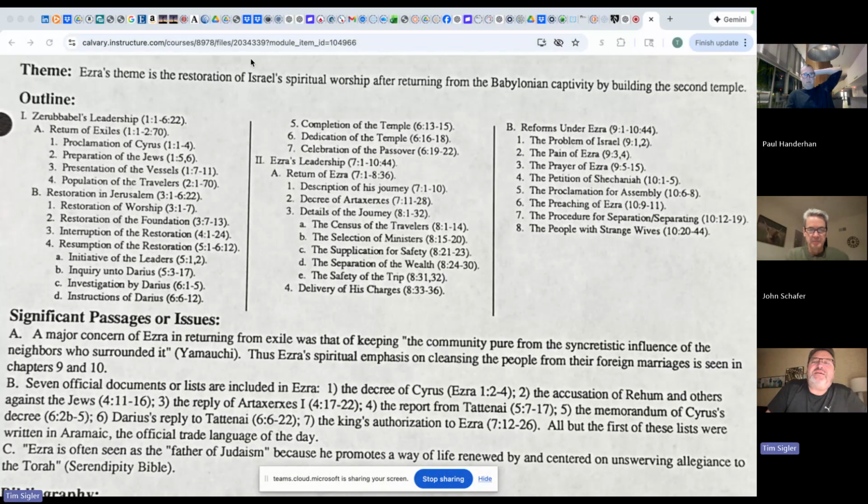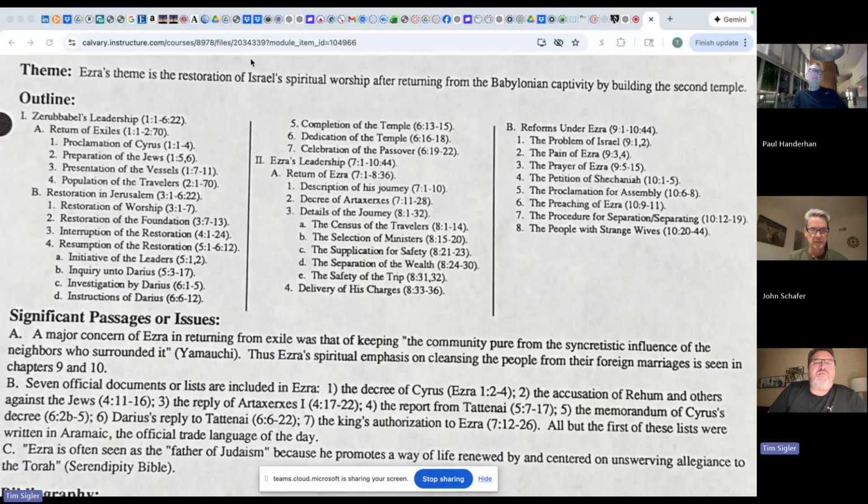Well, let's take a quick look then at the outline. And again, the outline is not inspired. It's just intended to be of help to organize the thoughts, and your textbook will offer another outline. And I'm sure in the various documents that you can find on Canvas, we'll have other outlines of the book.